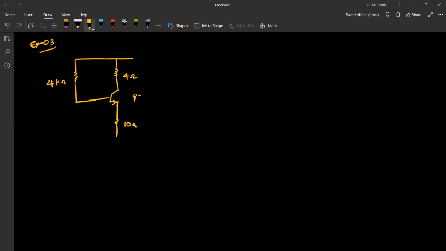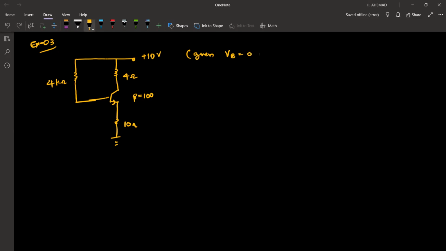Beta is 100, and the supply voltage is 10, and this is earth. VBE is given, VBE is equal to 0.7 volt.